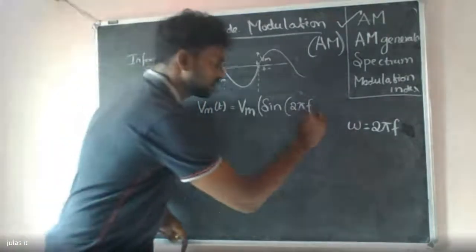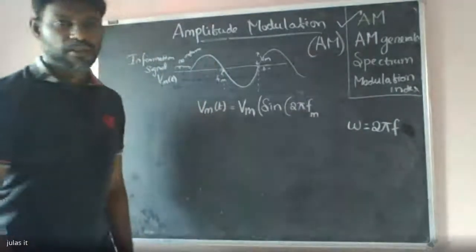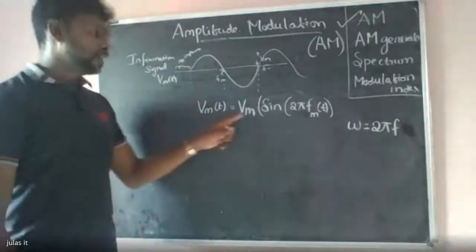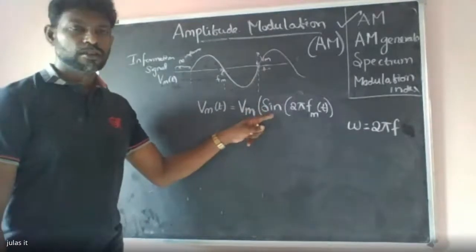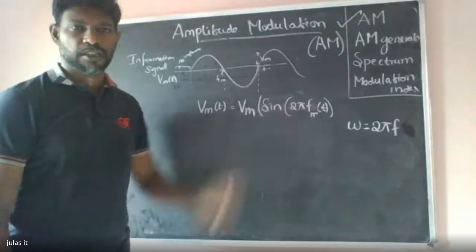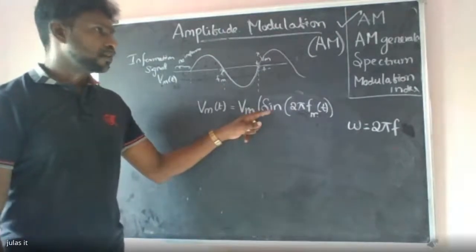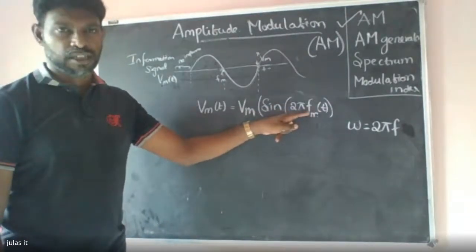So we represent this as fm with respect to t. Vm of t equals Vm sine 2 pi fm t.